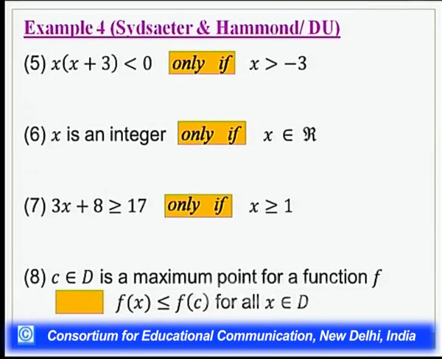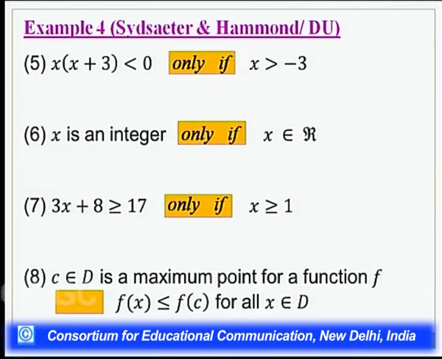And finally, let's say c belongs to an interval set D, and let's suppose c is a maximum point for a function f, that is our left side proposition. The right side proposition is f of x is less than or equal to f of c. The value of the function at any x is less than or equal to the value of the function at c.